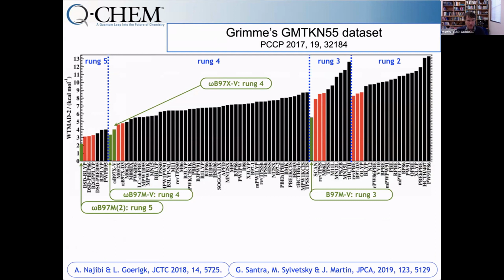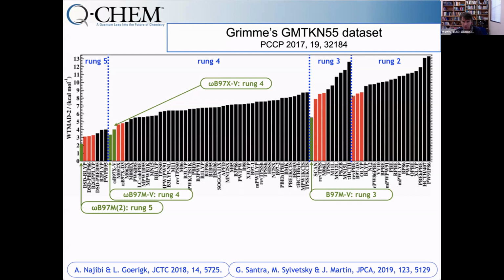So this is data from Stefan Grimme's group, the quite famous GMTKN55 data set, with rungs of Jacob's ladder ordered from right to left, 2, 3, 4, 5. Different data, but broadly similar conclusions. Here is the best functional we saw at rung 2, which is B97-D3.